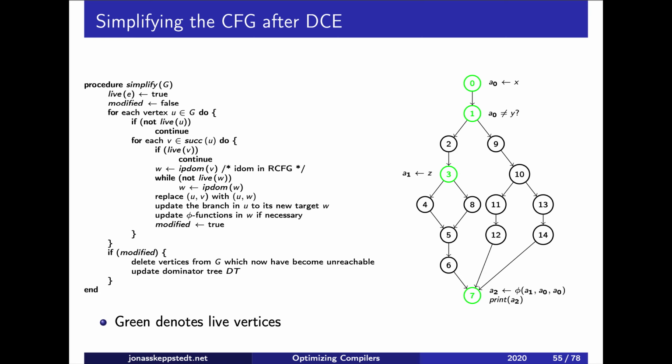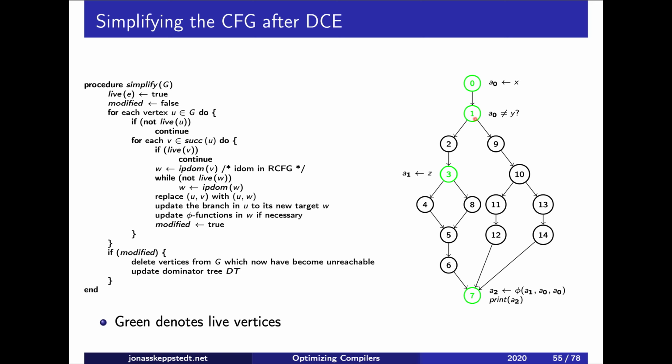And what we should do then is to simplify the branches and skip some nodes in the control flow graph. I will not talk about the details in this one, but I will just illustrate what the idea is. Say these green are marked as live, and we should keep them.